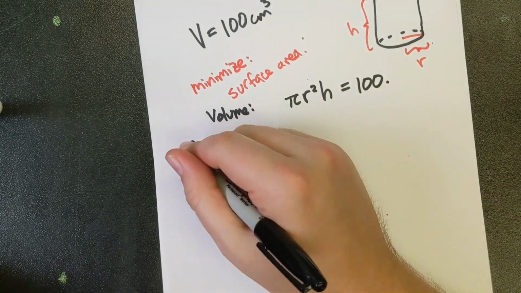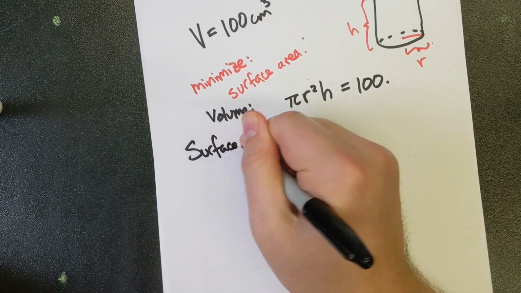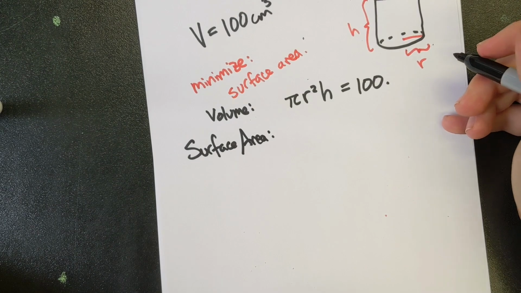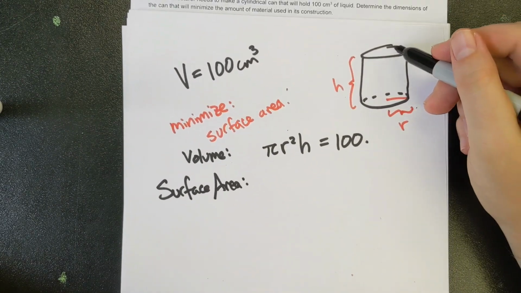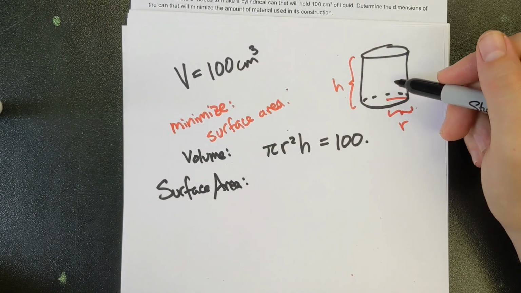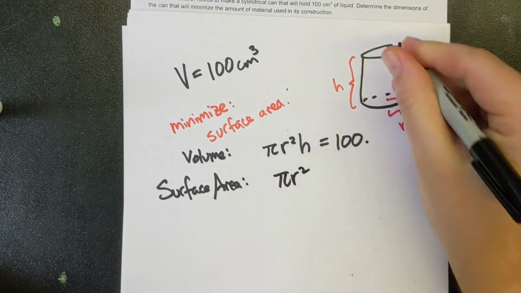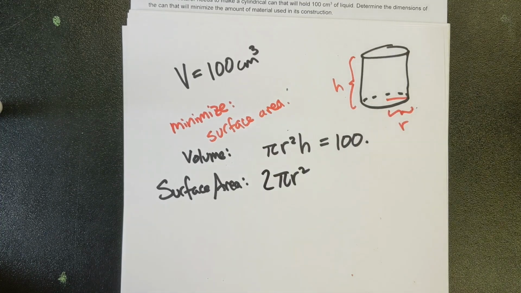But then I want to minimize my surface area. So how do we think about this? The can has a top and a bottom. Those each have area of pi r squared. So you have pi r squared on bottom, pi r squared on top, so 2 pi r squared.